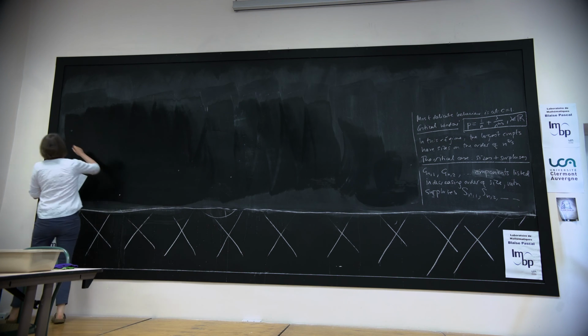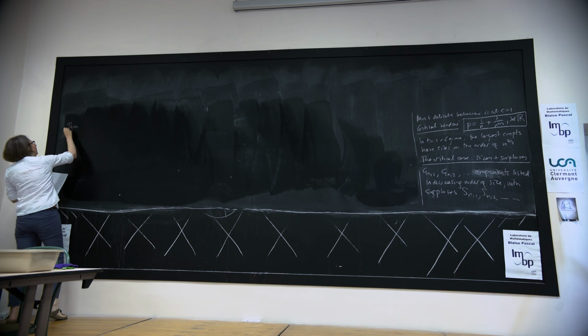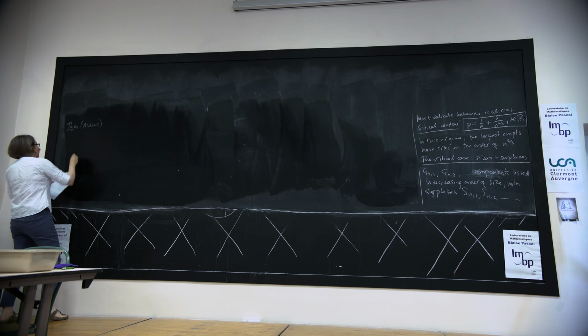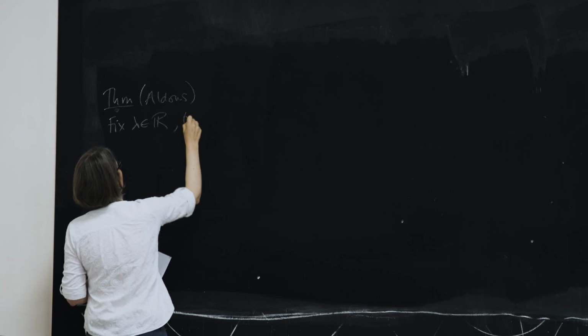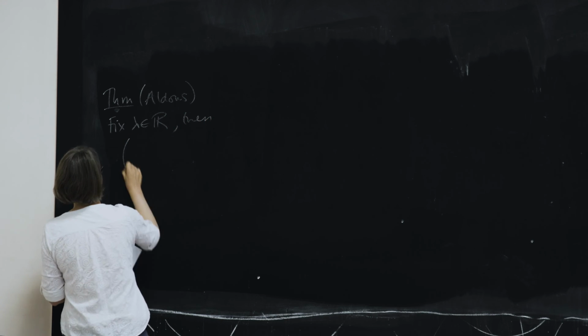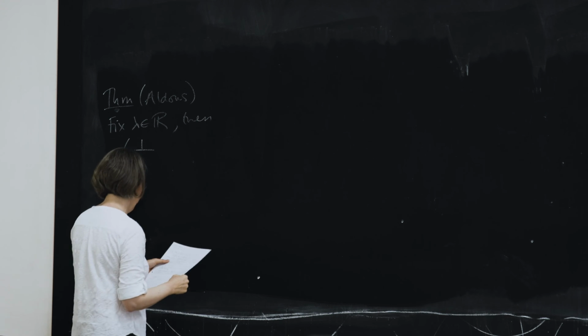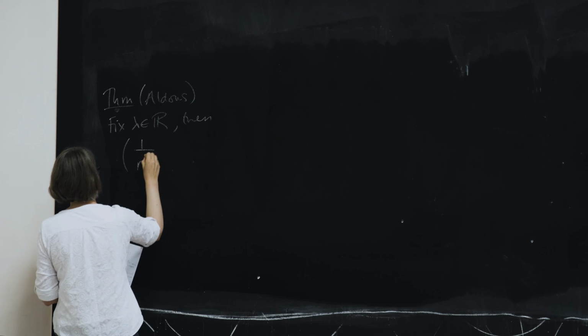Then the theorem, which is due to Aldous, is that if I fix some lambda in R, and I'm going to hide the lambda from the notation simply because otherwise it's going to get very heavy to write down, but I'm fixing the lambda.